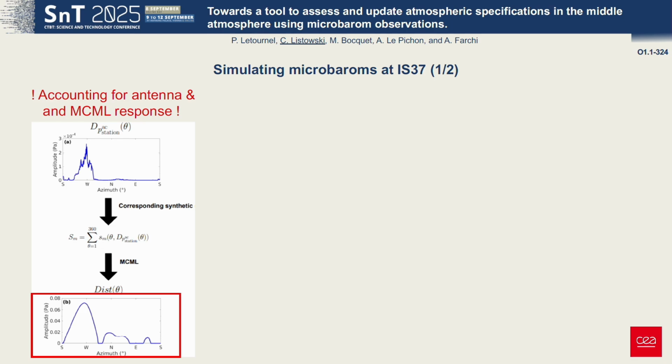He delays the signal according to the sensor positions and reprocesses that through the MCML to account, at the same time, for both the array response and the array processing algorithm response itself. And so we end up with a smoother distribution at the bottom of the slide, which more closely resembles the one I showed when I explained the observation part.